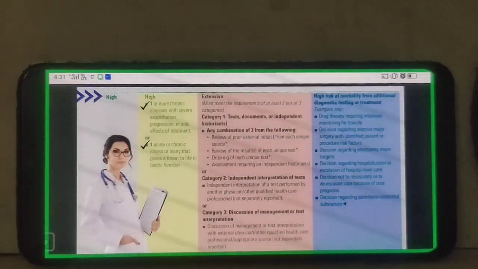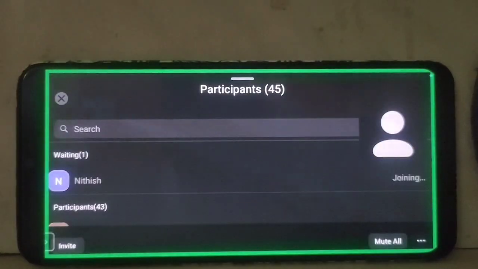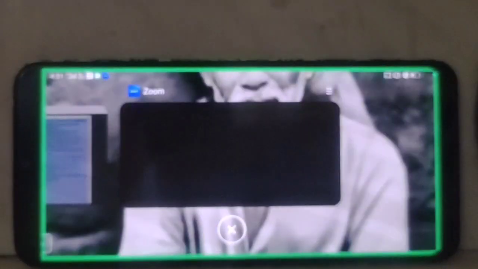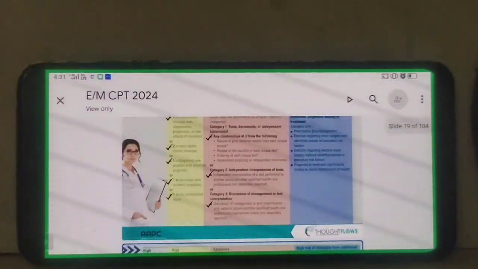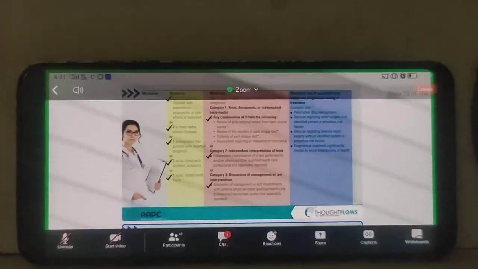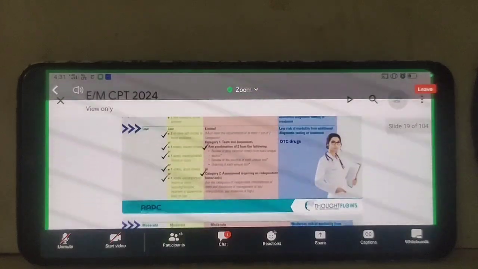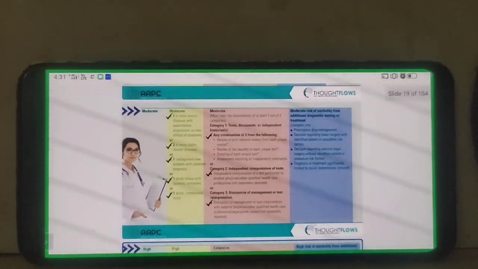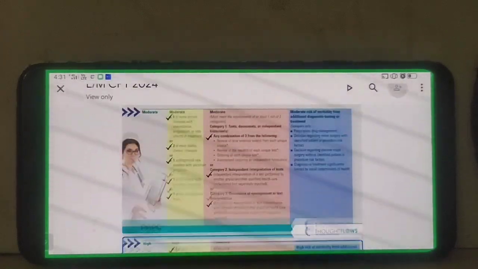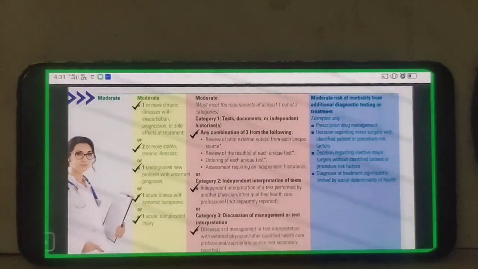Right. Okay, now I give one more example. Patient has 2 stable chronic illnesses.